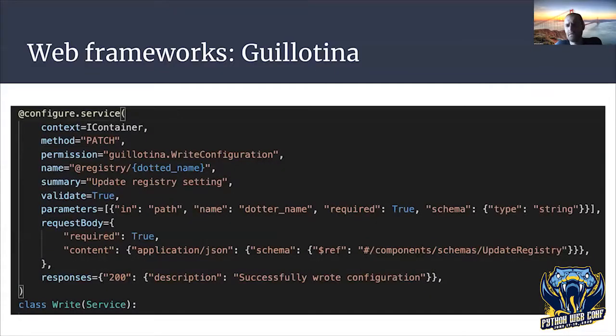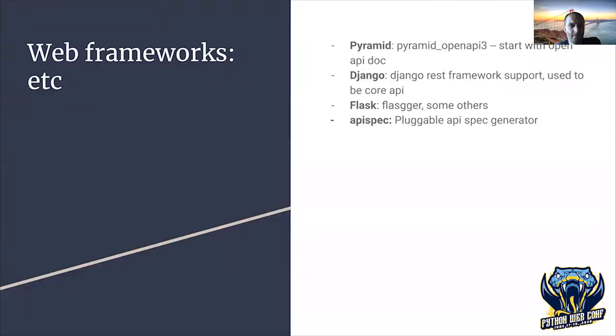And so FastAPI is one framework that has first-class citizen support for OpenAPI and JSON Schema, and so does Guillotina, which is the framework that I wrote. But you can describe your OpenAPI spec right with your service definition, and it automatically exposes those as well and validates it.